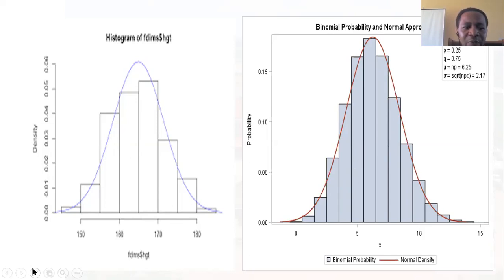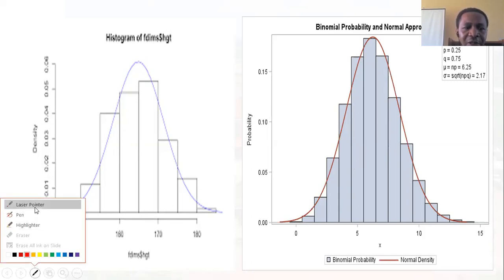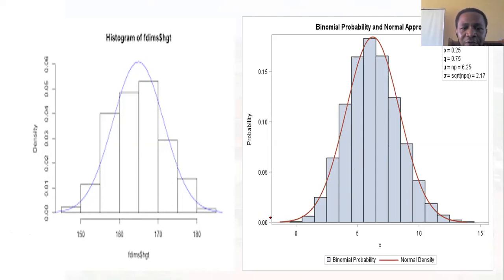Basically, that is what the normal distribution is all about. When you trace it out, it gives you a bell shape, as you can see. That is what the normal distribution shape looks like, and that is why it is sometimes called the bell-shaped curve or the Gaussian curve.